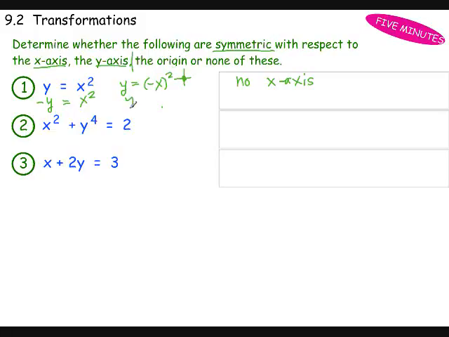And actually that is equivalent, isn't it? Because the negative 1, the coefficient here, when we square it, becomes a positive 1. So we say yes with regard to the y-axis. And then we look at the origin. In this one we put a negative y in for a positive y and a negative x, and we know that's going to turn out to be a positive. So that's not equivalent. We're going to say no with regard to the origin.